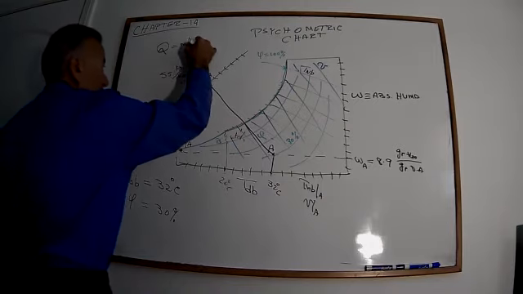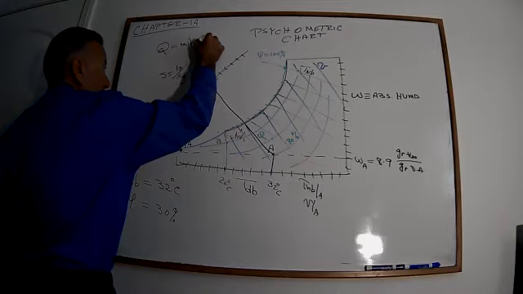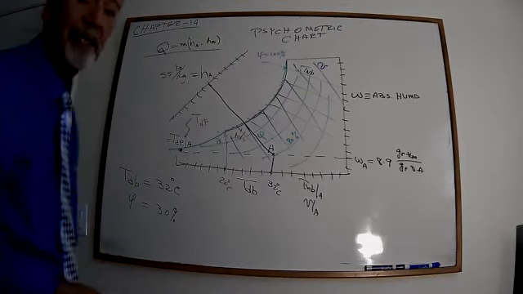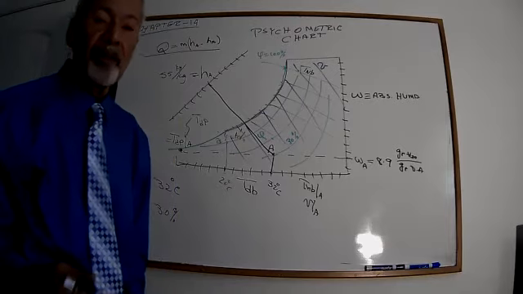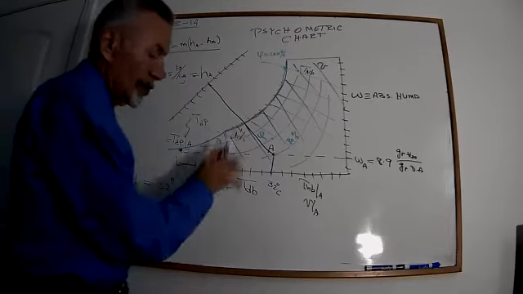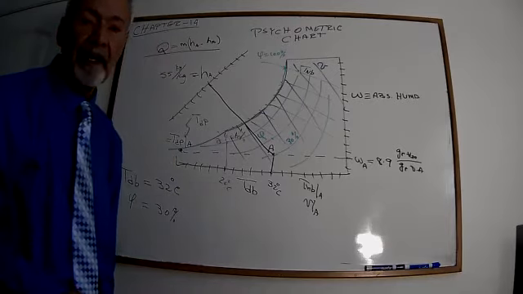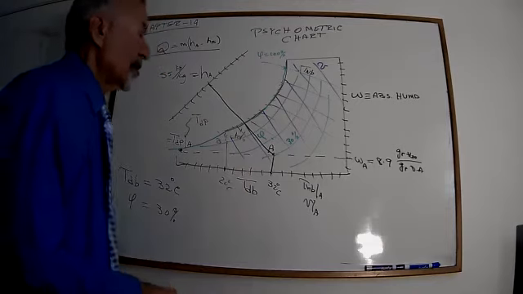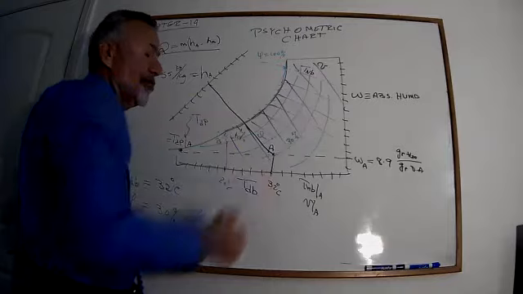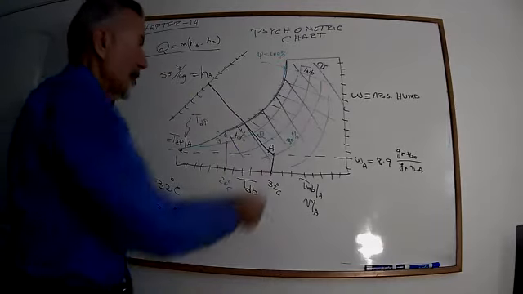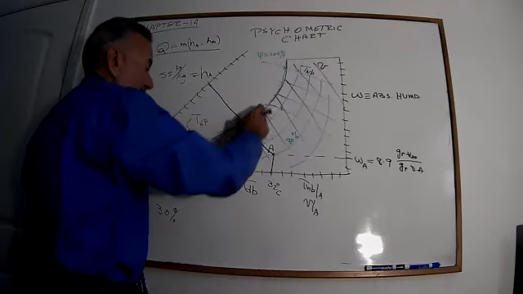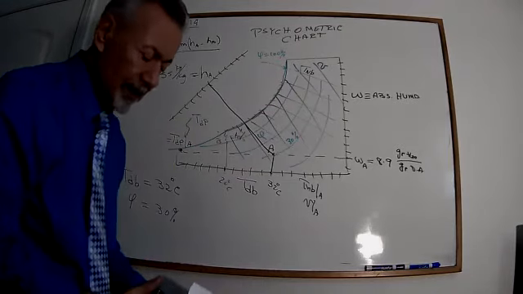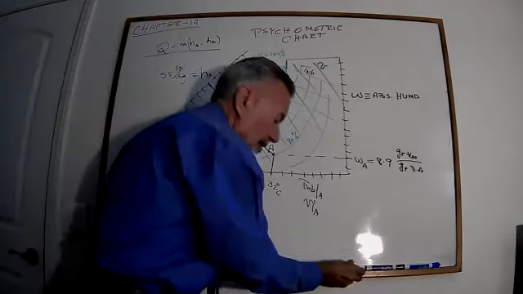Now, I can say enthalpy of A minus enthalpy of B. This is the amount of energy or cooling that I need to put into the system in order to take it from point A to point B. How much volume of air I need is determined between V of A and V of B. So all of that is basically how we design air conditioning.